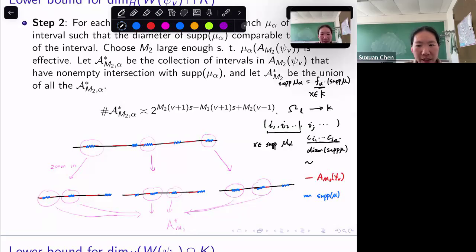And these new red lines are intervals in A_M2 psi v. We consider the intersection. So now we take this new concentration part. It should be the support of some branch of mu. And we zoom in a little bit, we see the same pattern.